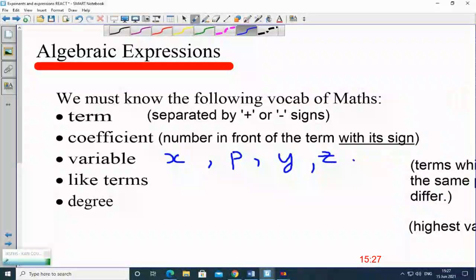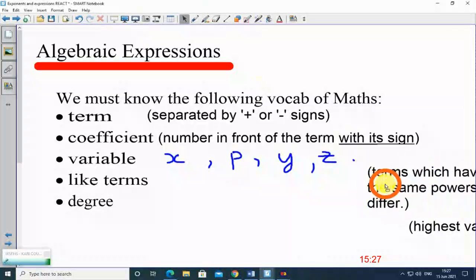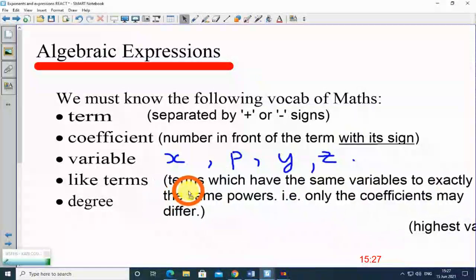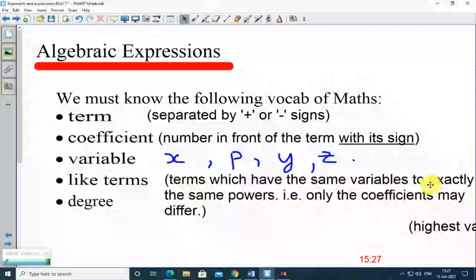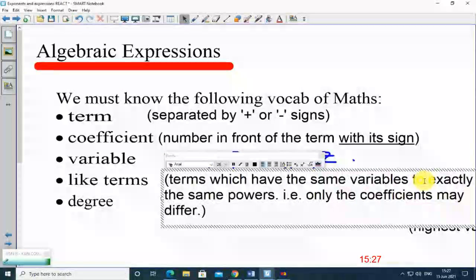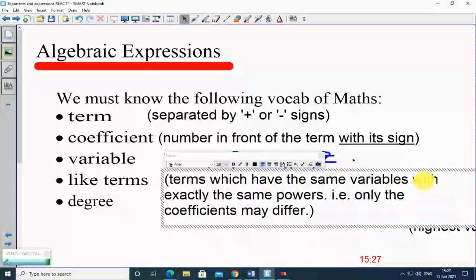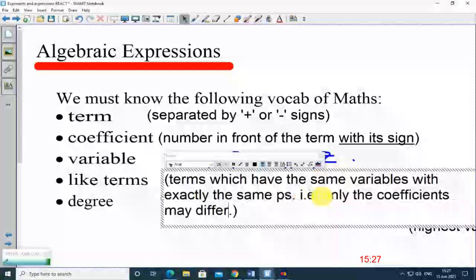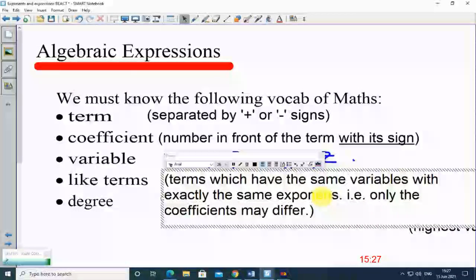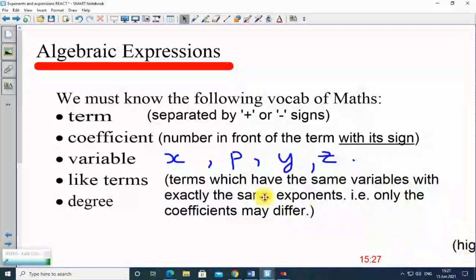And then, very importantly in this session, we're going to talk about like terms. Now, what do we mean by like terms? Like terms are where we have terms which have the same variables with exactly the same powers, exactly the same exponents, i.e., only the coefficients differ.